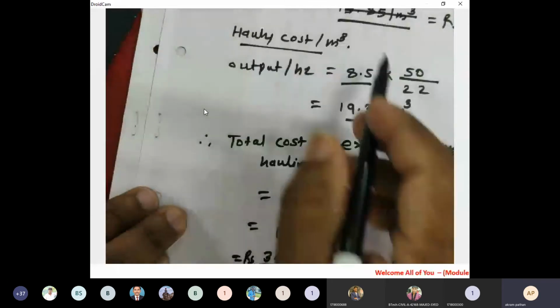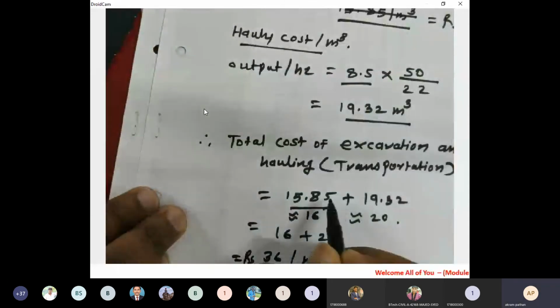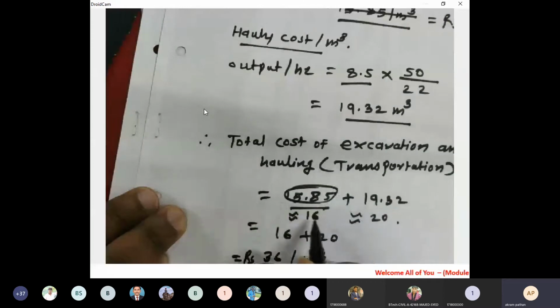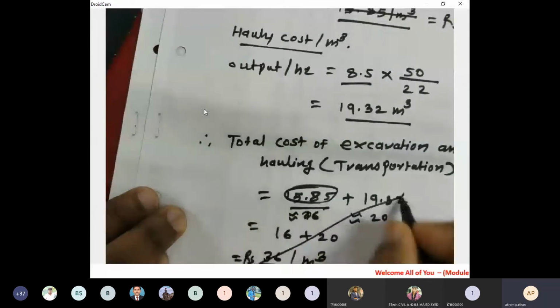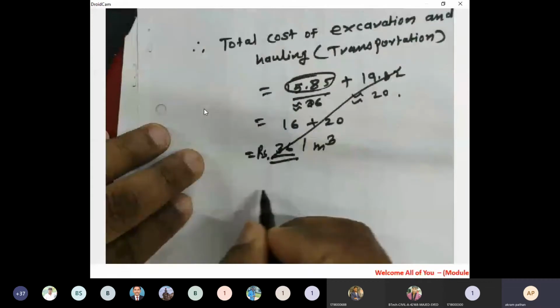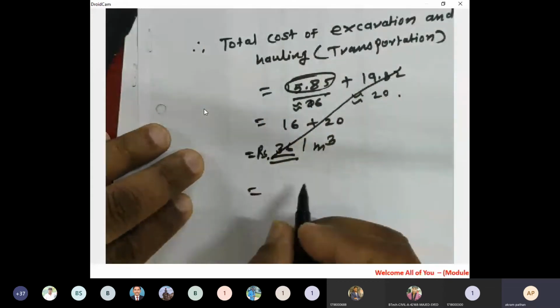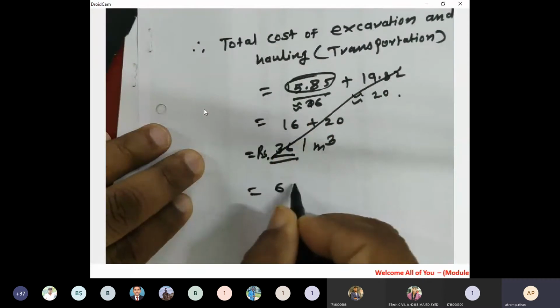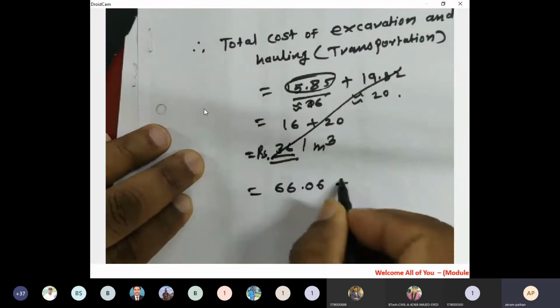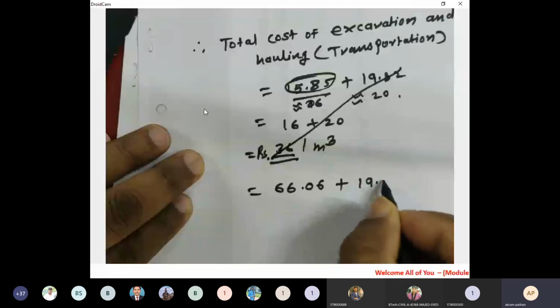Now, here we have committed a mistake. So 66 we have to add here. Okay, I would like to erase this one. So the total cost of excavation and transportation is this 66.06 plus this 19.32.